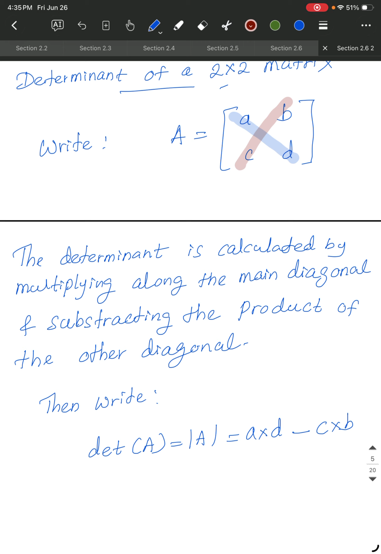Therefore, first multiply along the main diagonal, AD, then subtract the product of the other diagonal values.